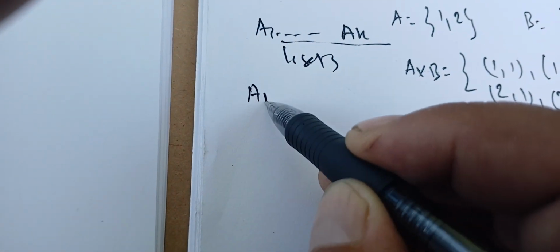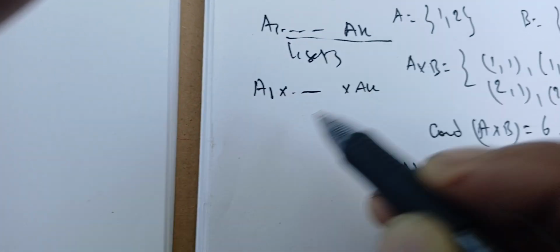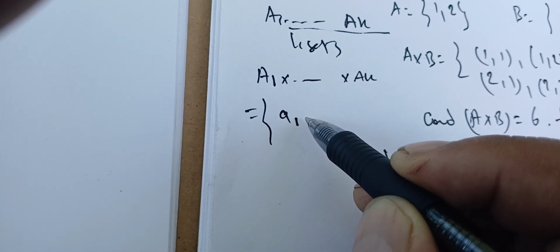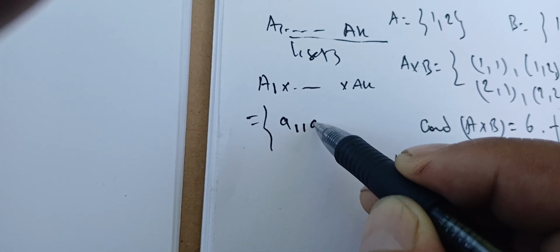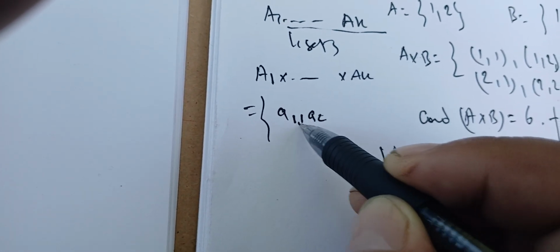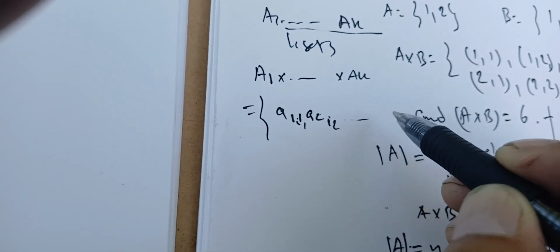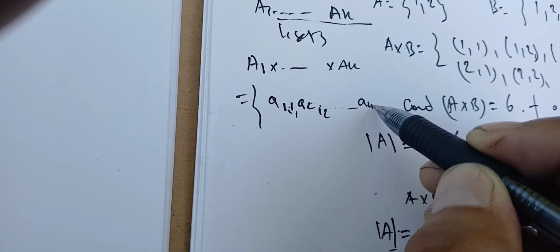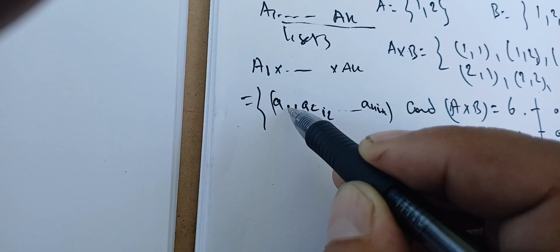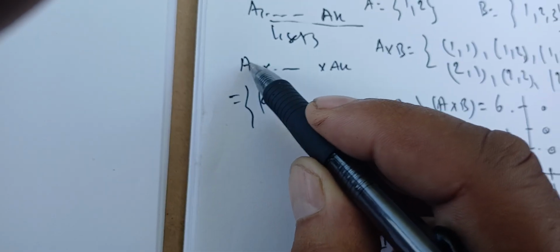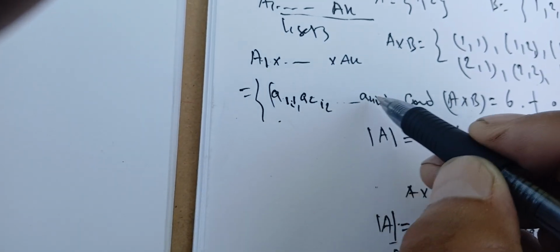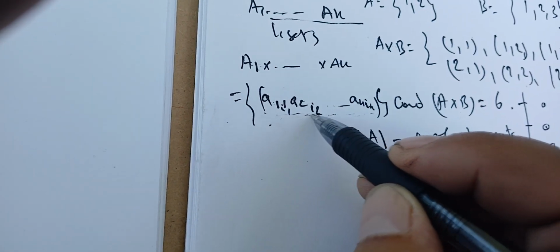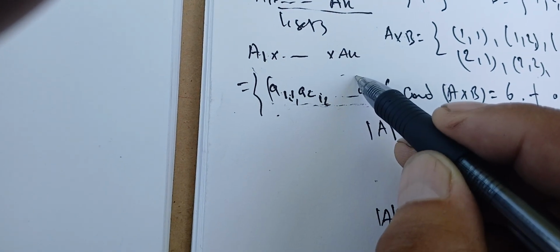We define the Cartesian product of these sets in the following manner: the tuples (a_i1, a_i2, up to a_ik), where each element belongs to its set A sub i. In this way, we extended the definition.